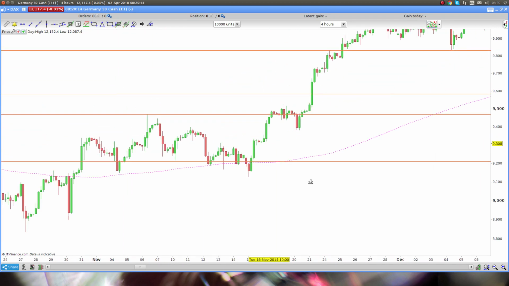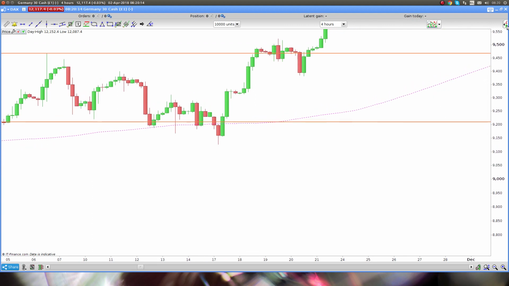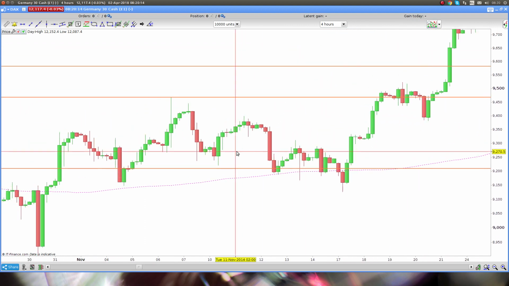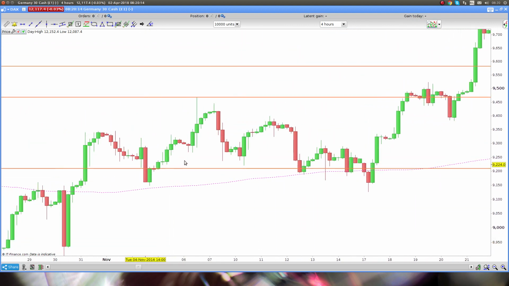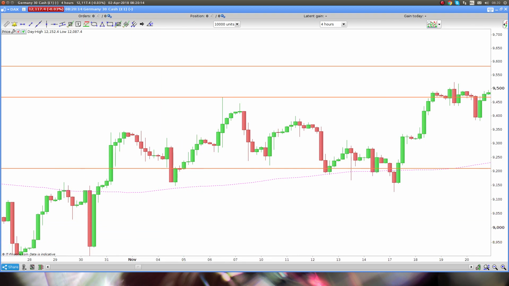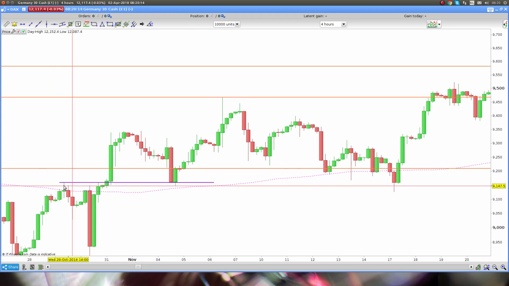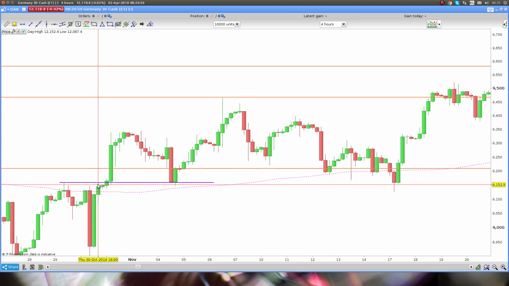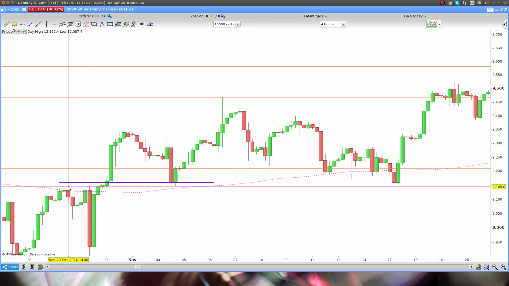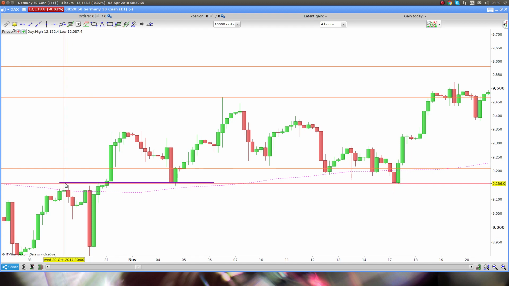Let me zoom in some more, just to get a real view on what's going on. What do I mean by a breakout? Let me put a little line in there. You see this tail here, which was a rejection on the 200 moving average. It came back off, hit the 200 again, sold off, bought, broke the 200, but more importantly, it broke this previous high.